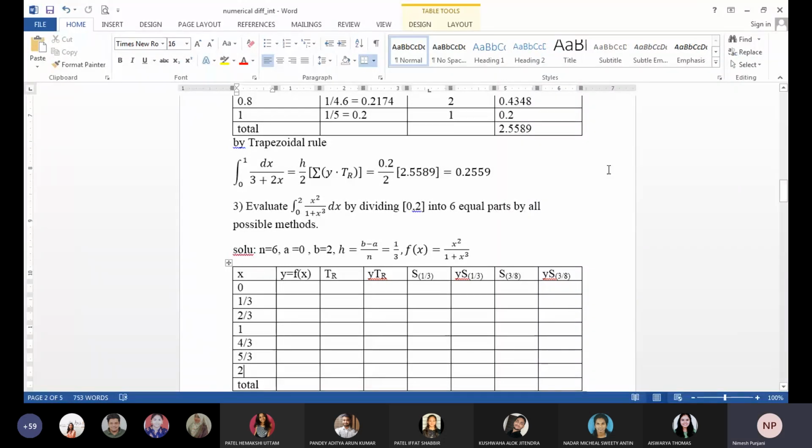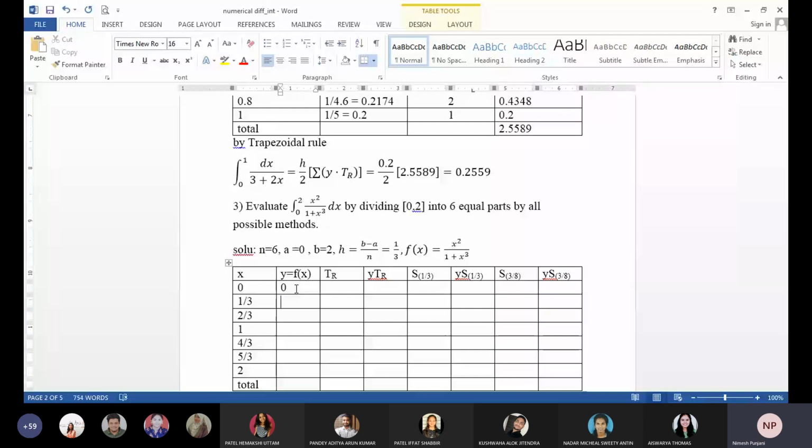Now your y values. In f of x, you put x as 0, so how much will you get? 0. Okay. Next value you will put your x as 1/3.